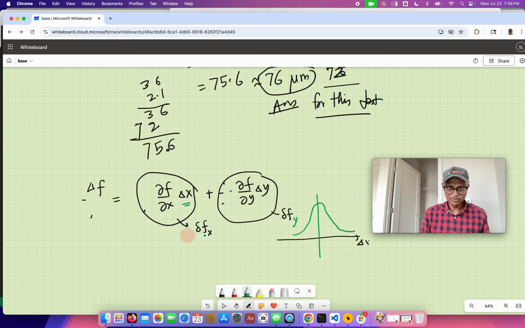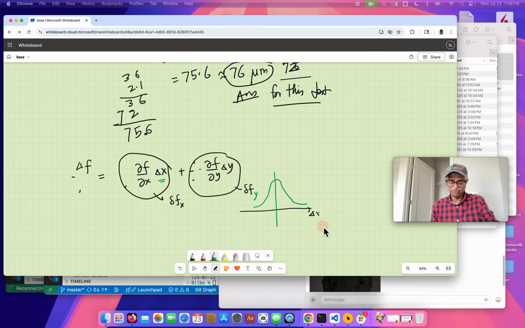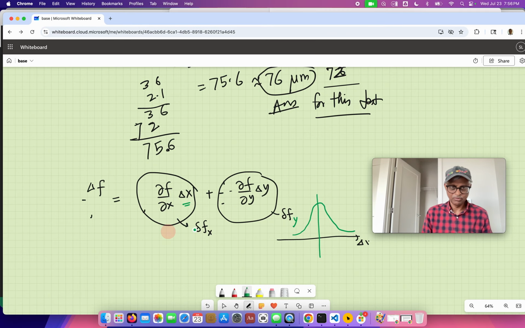If this is Gaussian, they're independent. If you assume that, and work through the probability distribution and how the errors will propagate, then you'll find that delta f will be the square of the error here, which will be like a sigma squared or standard deviation squared.